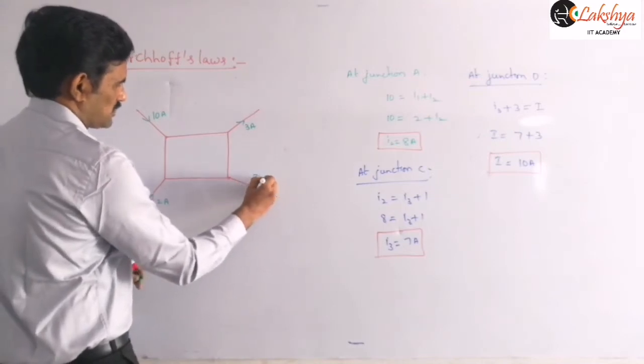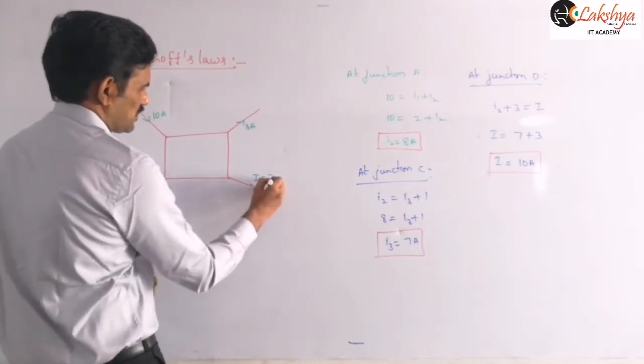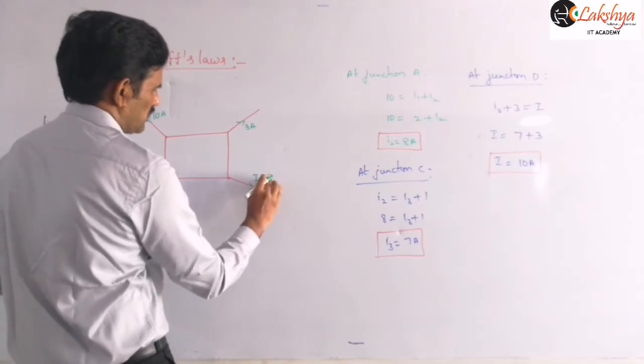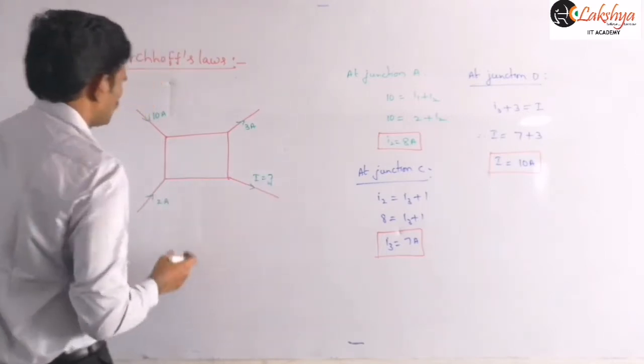This is the current we need to find, the current in this branch.